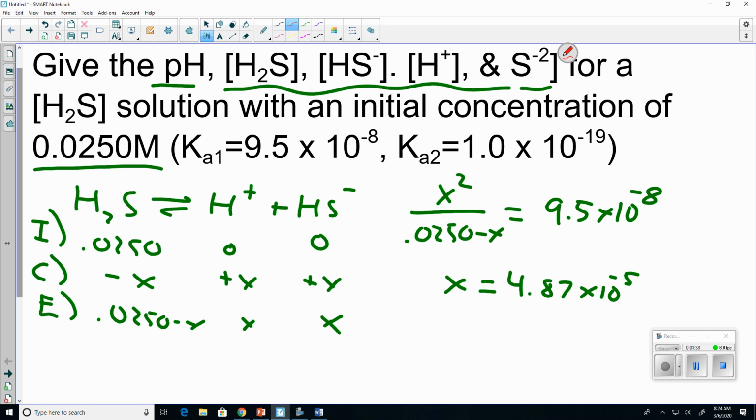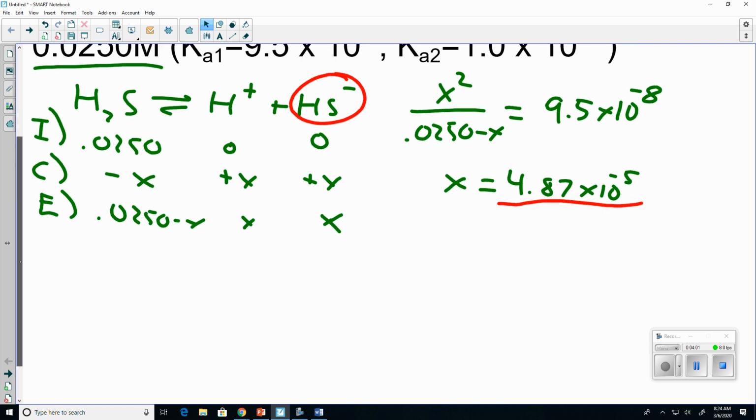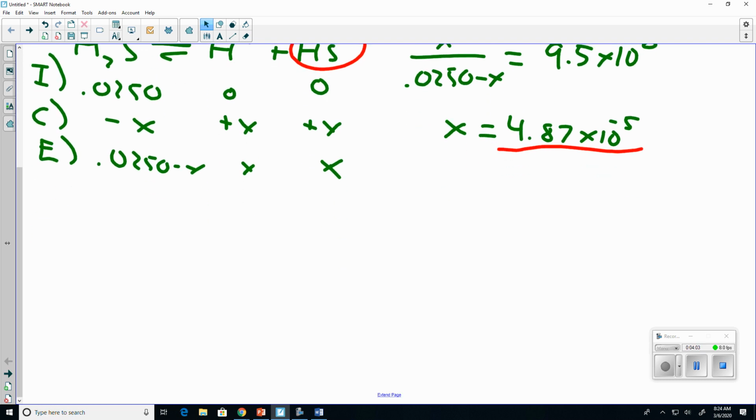Because if you look at the formula of this guy right here, it still has one more hydrogen. So because of that, there's more hydrogen that can be donated. Therefore, I can't just assume that this 4.87 times 10 to the negative fifth number is all of my acid ion concentration. I have to do all of this again.